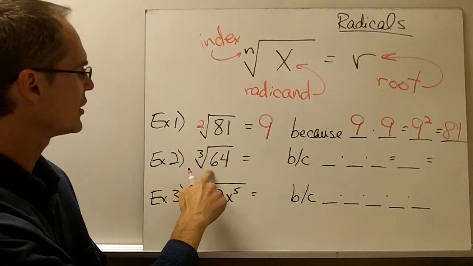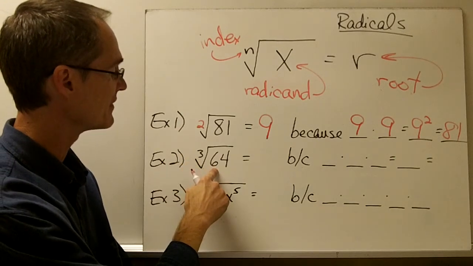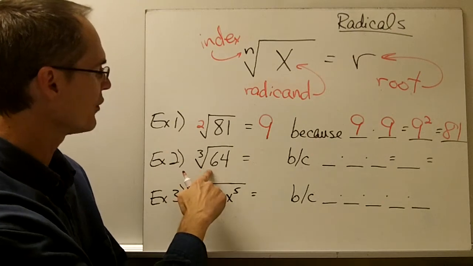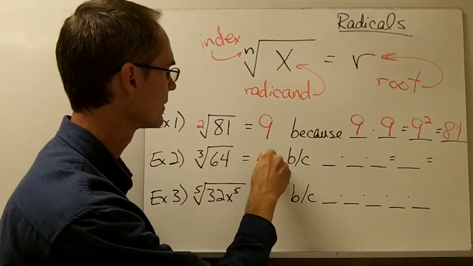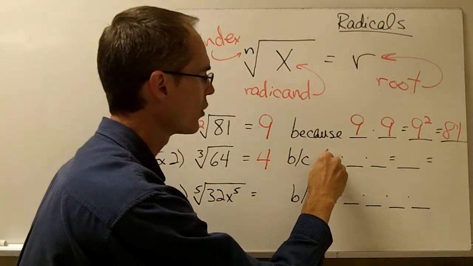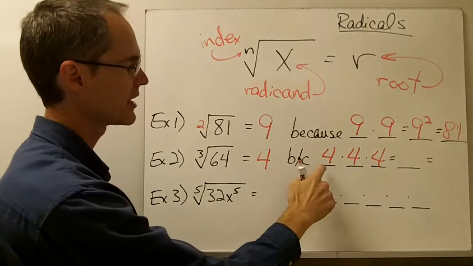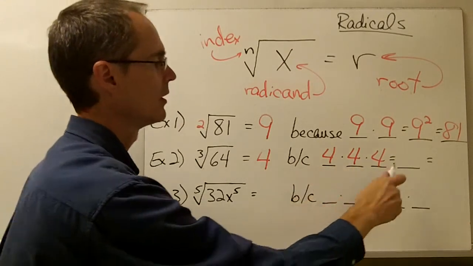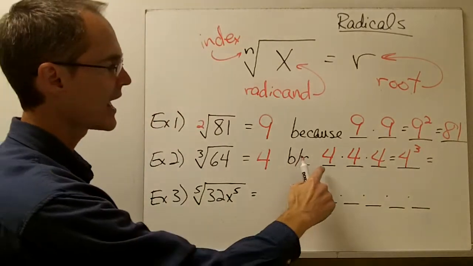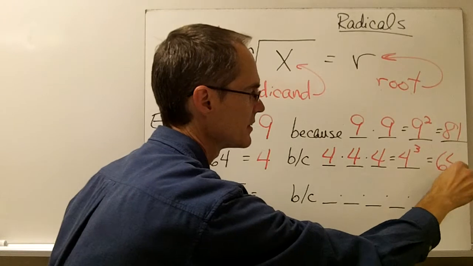Let's take a look at a cube root problem. Here we're trying to find the cube root of 64. I know that the cube root of 64 is going to be 4, because if I multiply 4 times itself 3 times, that is 4 times 4 times 4, or 4 to the power of 3, then 4 times 4 is 16, and 4 times 16 is 64.